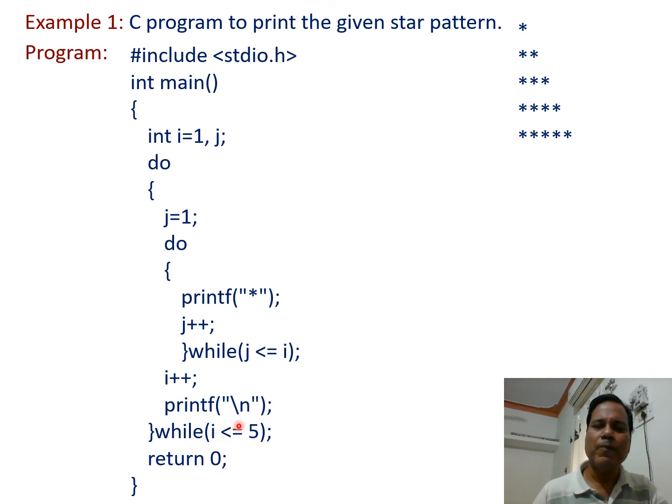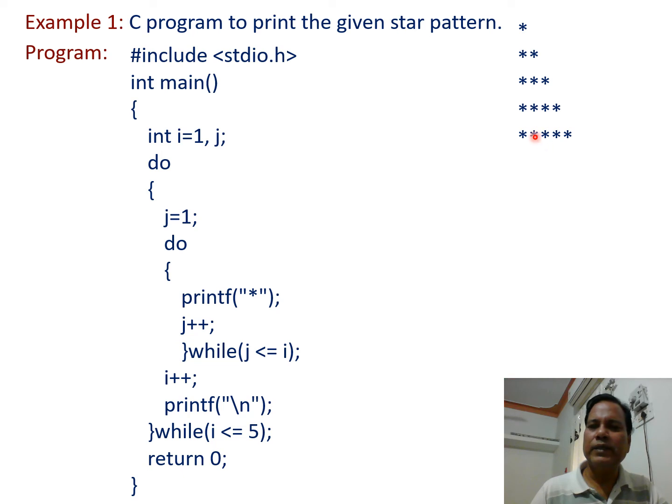So in the next row, as condition is set as j less than or equal to i, as the value of i is equal to 3, inner loop condition is true for j equal to 1, 2, 3. So 3 stars get printed in the third row and then cursor is brought to the beginning of the next row. So in this way, during the execution of the inner and outer loop, we print the pattern of star as given.